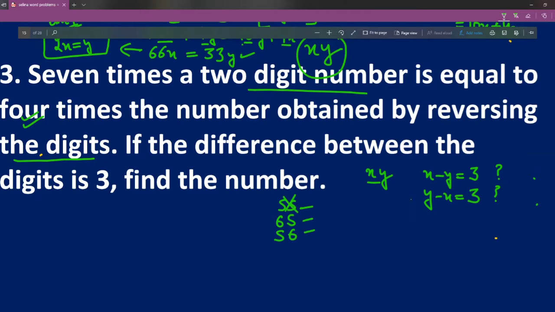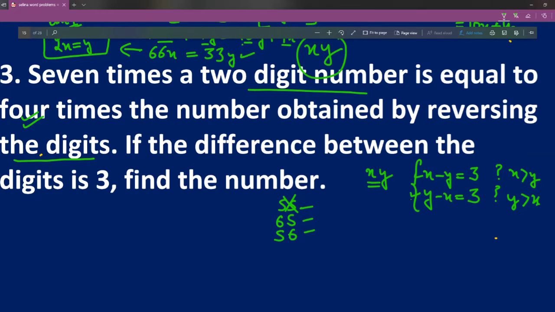When we have considered xy, we need to understand that if x is greater than y, then this will be true, and if y is greater than x, then this will be true. But how do we make out which of these conditions is true?